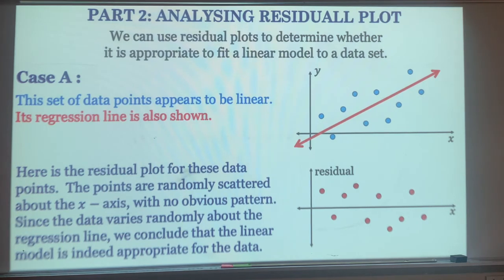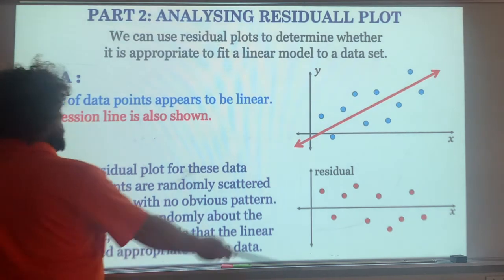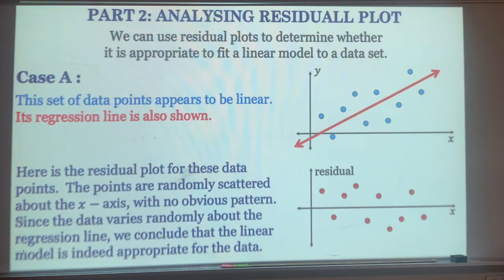So you have two cases here. Case A states the set of data points appears to be linear. Its regression is also shown. Here's the residual plot for this data. The points are randomly scattered all over about the x-axis, which I mentioned before, with no obvious pattern.